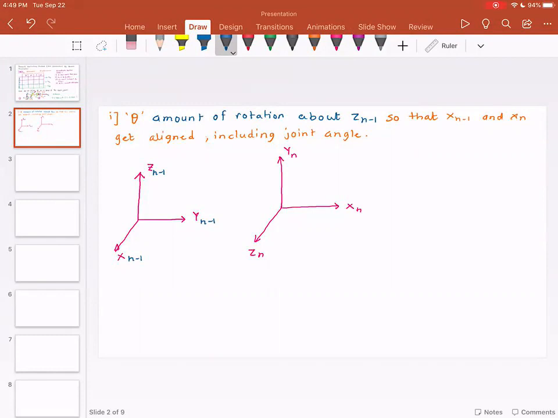First I need to find out the value of theta, and let's do this exercise step by step. I want to find out the value of theta in this orientation. So I should be looking at the frame which is n minus 1. This is the n minus 1 frame, and this is the n frame.